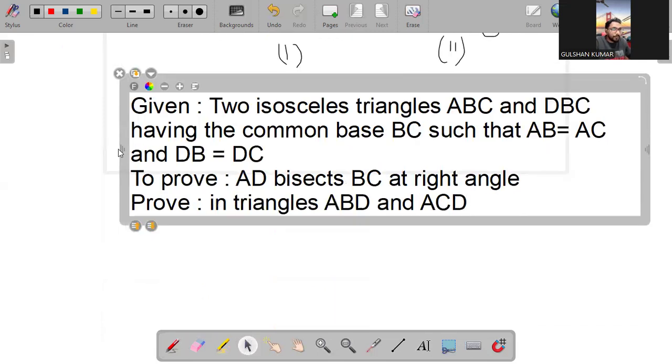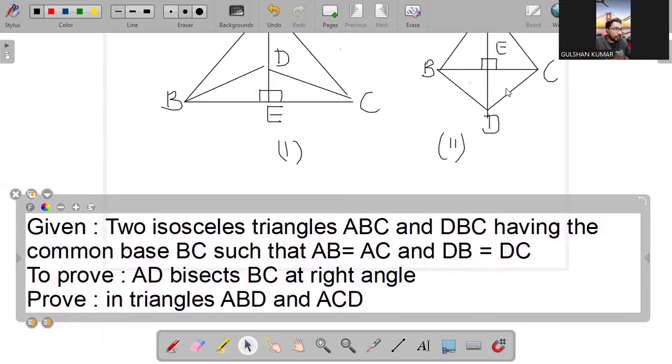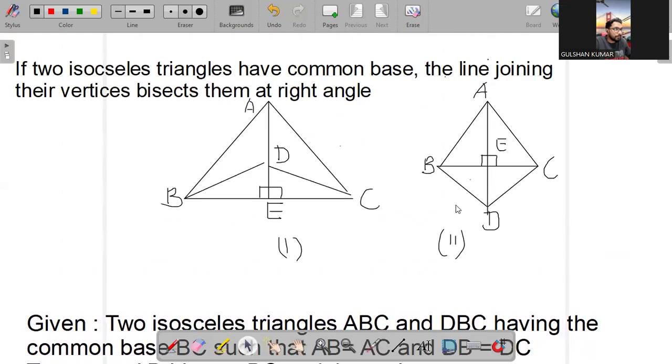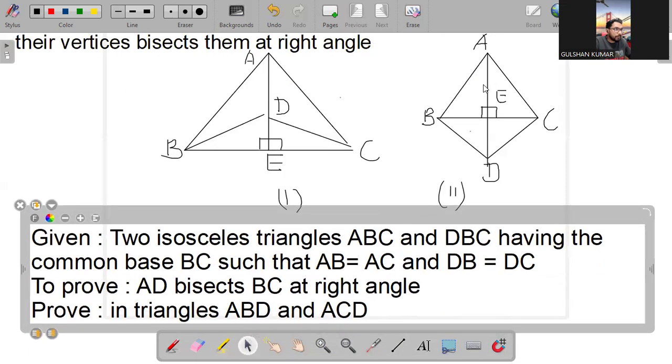We have to extend it so that we can clearly see the image. This is the figure where we have to discuss.